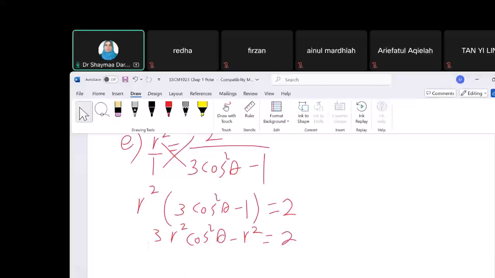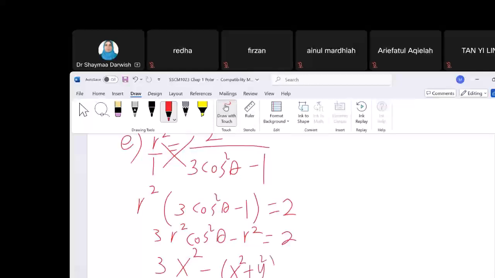Then we have 3x squared minus x squared plus y squared equal to 2, because r squared cos squared theta is x squared, and r squared is x squared plus y squared.